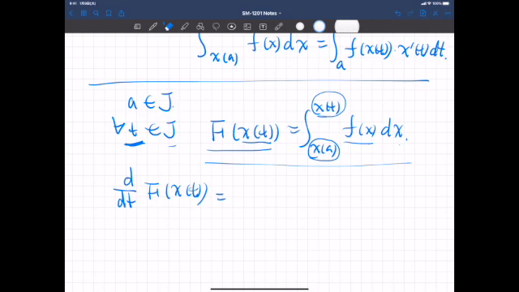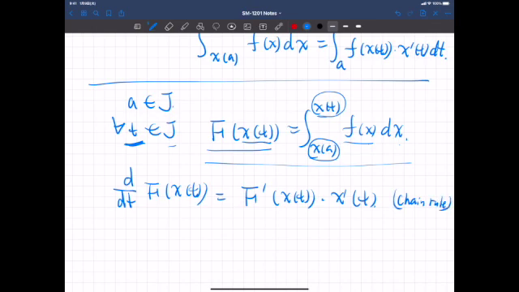Okay, then we have f prime of x of t times x prime of t by applying the chain rule. But capital F is an antiderivative of f of x, so it should be f of x of t. And this part remains x prime of t.